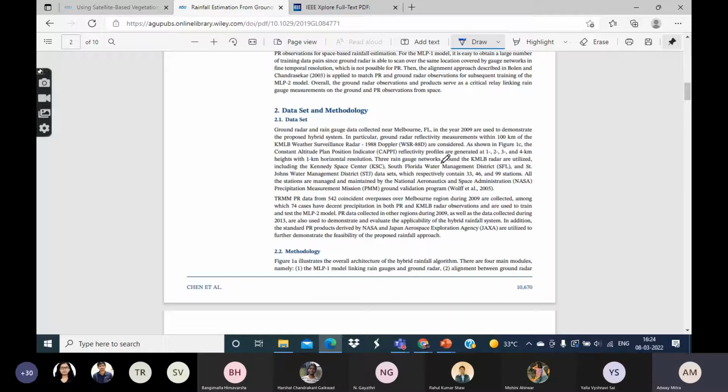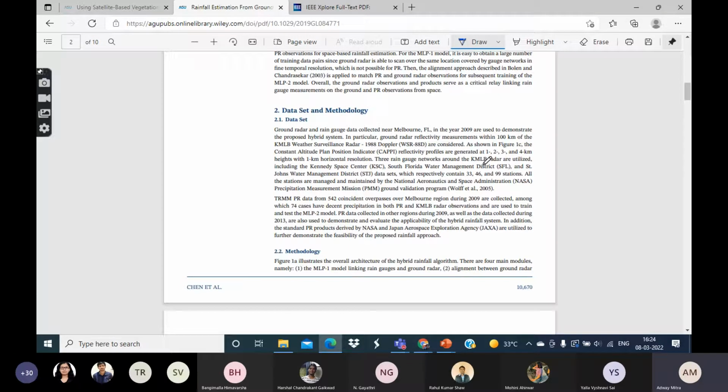So I will have to use these radar images, which have a much larger range. That is, they can capture images of a large region and then we utilize those images to estimate the rainfall using the functions F1, F2 that we are talking about now.